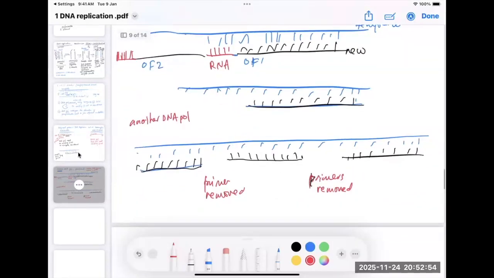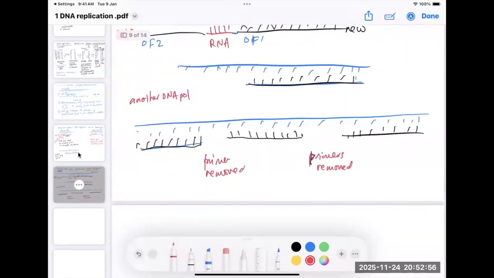So now when they replace, where are they going to replace? This was 5 prime, this is 3 prime, this was 5 prime here, 3 prime here. So where are they going to do the replacement? From the 5 prime end or from the 3 prime end?